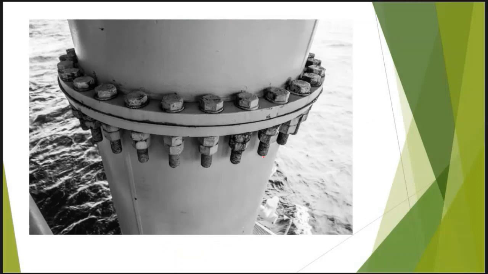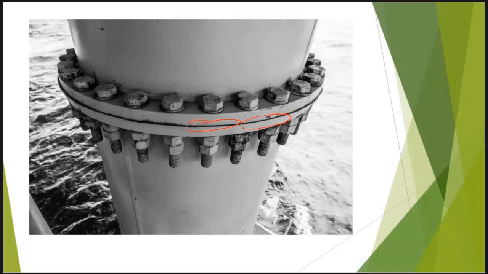Now consider this as a fluid tight joint. Suppose there are two pipes. The two pipes are joined together with the help of a nuts and bolts arrangement. In this area, you can see we are using some gaskets to prevent the leakage of fluid.